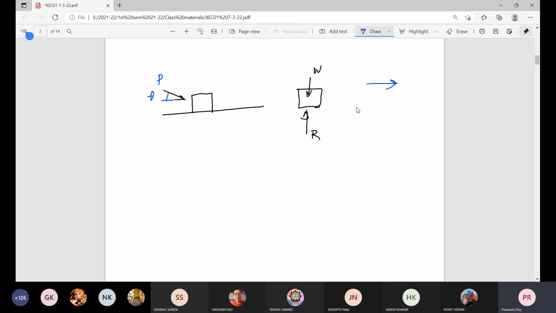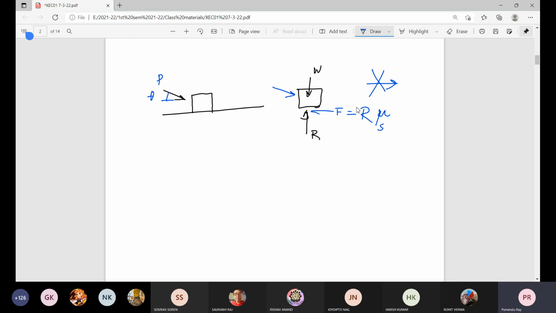If it is not moving, it is the problem of statics. Then some friction will be there. It is the reaction multiplied by the coefficient of friction. If it is not moving, then it's like that, mu static.